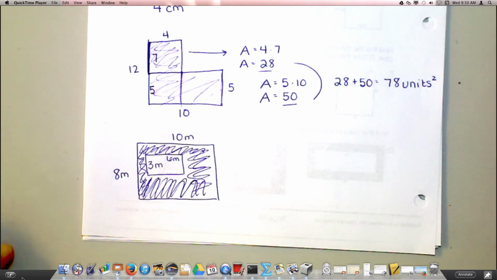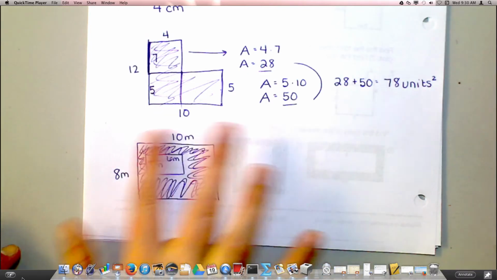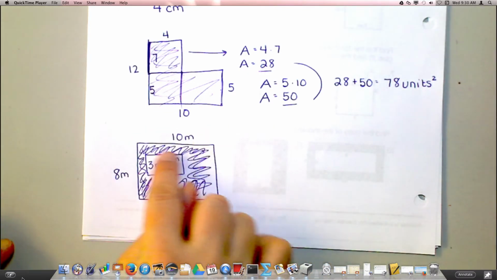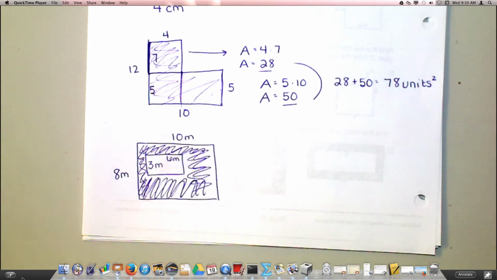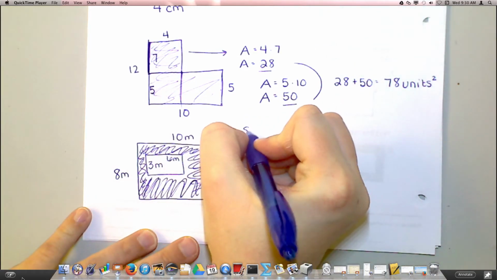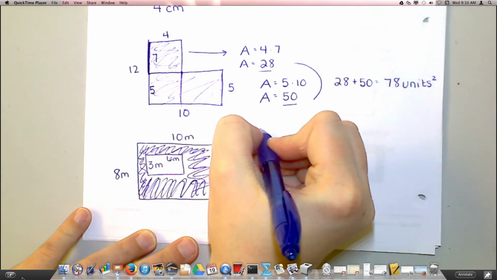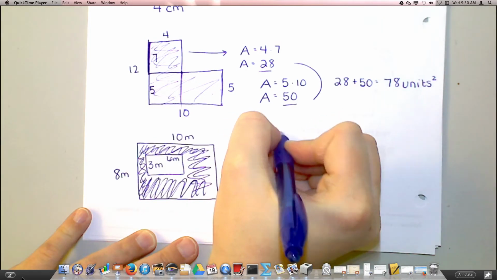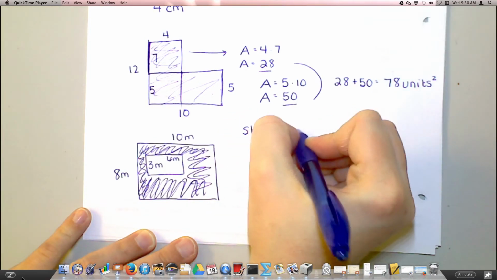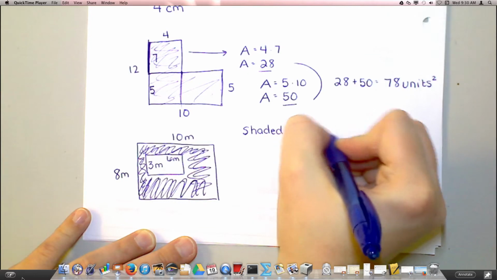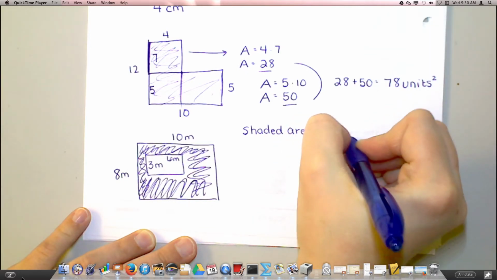Subtraction, yeah. So I want to take the area of the whole thing and subtract the area on the inside. So I want you to always think, when I'm asking you a problem about shaded area, that's almost always a subtraction problem.